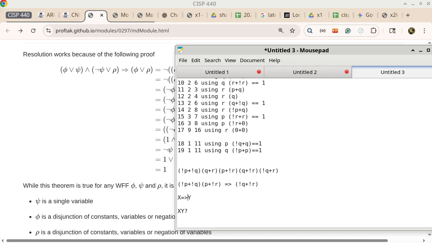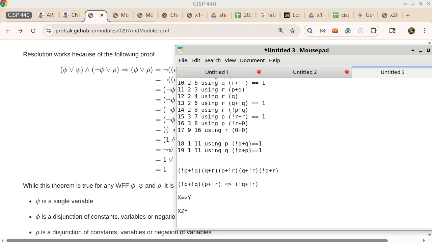We know the implication is true, and two of these components are implying this component over here. So what can we say about the whole thing? We'll introduce one more thing, which is Z, which has nothing to do with Y or X. We want to see what is going to happen here.